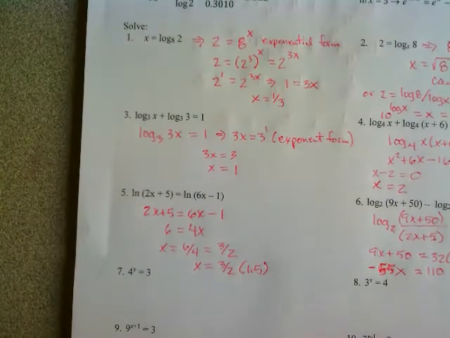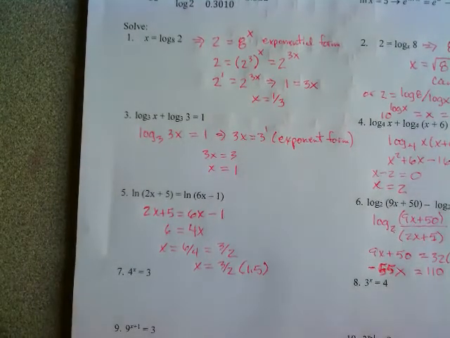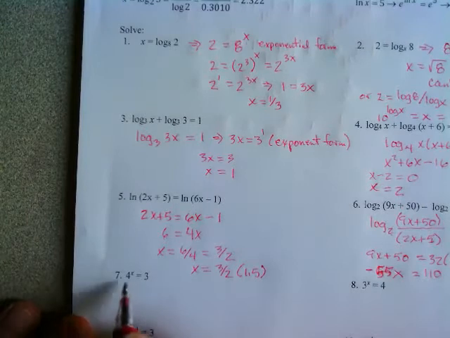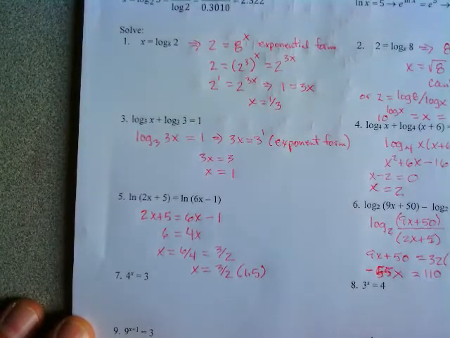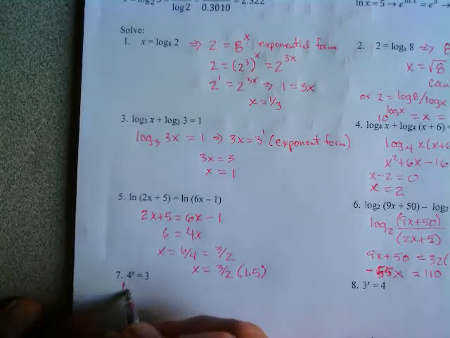Alright, now we're going to look at some in which we do change of bases to help us do things. So first off, we have 4 to the x equals 3. There's no way to rewrite the 3 in terms of an exponent of 4. So I'm just going to take the log of both sides.